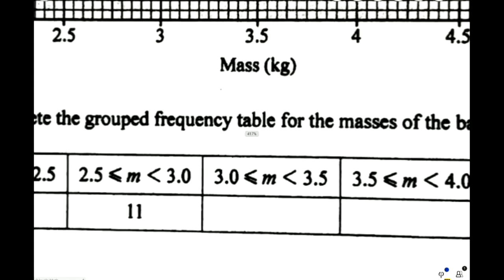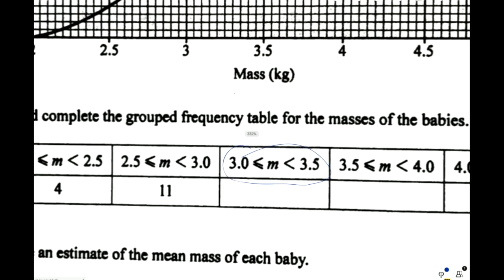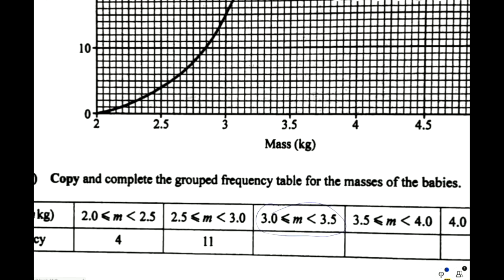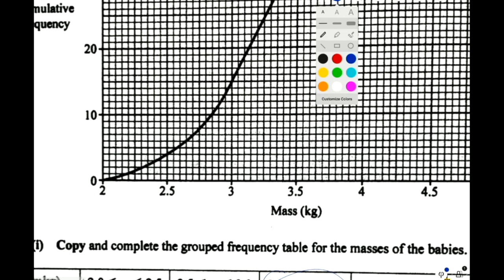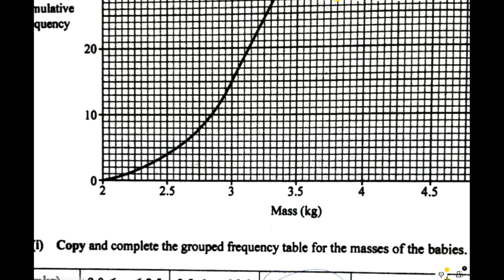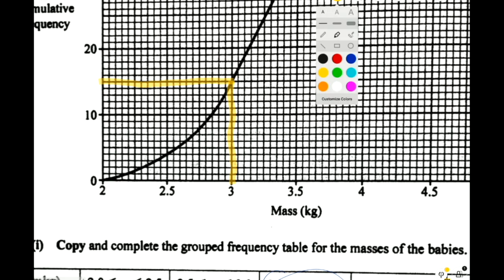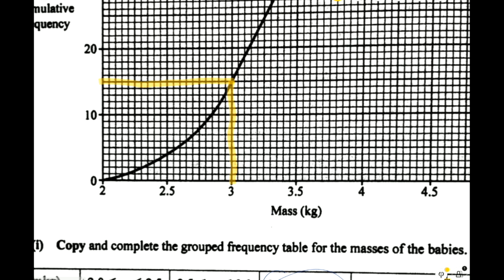What's between 3 and 3.5? 3.3. Right? No. We have to go and find between 3 and 3.5. This is where the color comes in useful again. Okay. So what's the number there? 15.